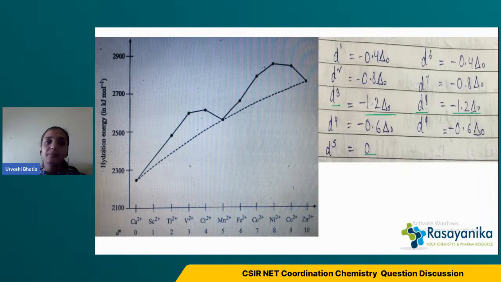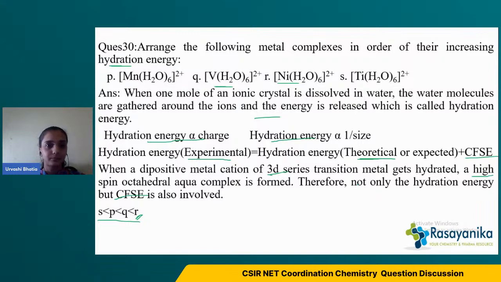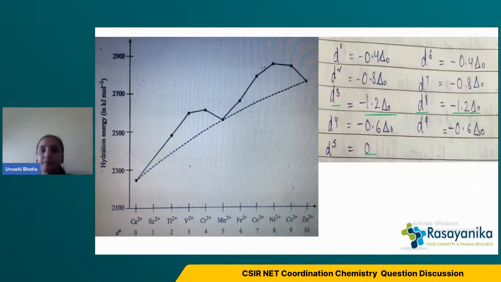Again, on the basis of size: left to right, size is decreasing. Here R is the nickel complex, Q is the vanadium complex, then it is manganese, and then titanium.